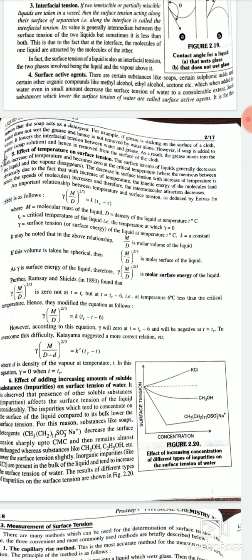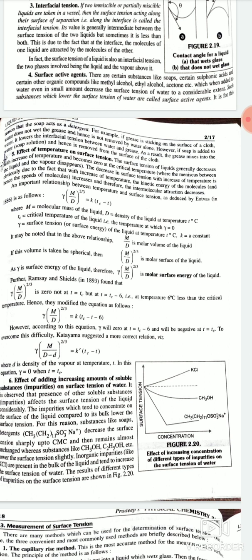Hence they modified the equation as follows: γ(M/d)^(2/3) = k(Tc − T − 6). However, according to this equation, γ will be 0 at T equal to Tc − 6 and will be negative at T equal to Tc.